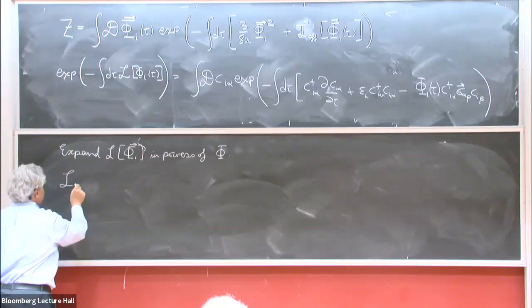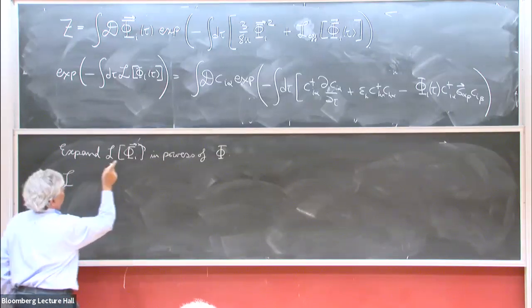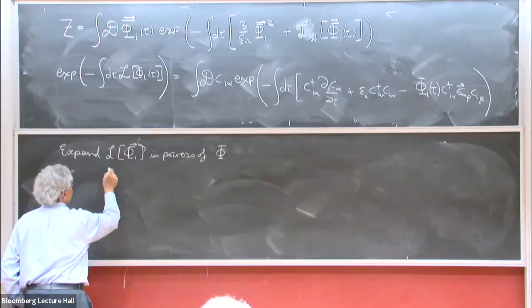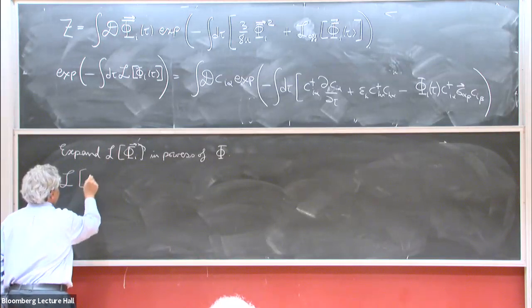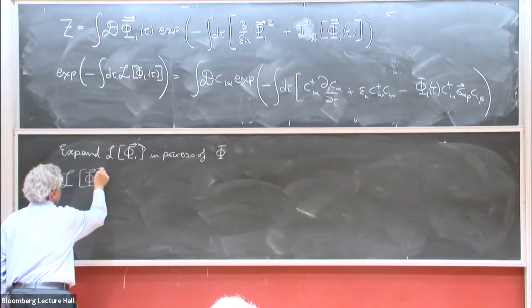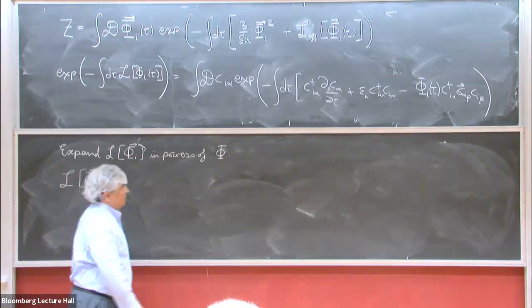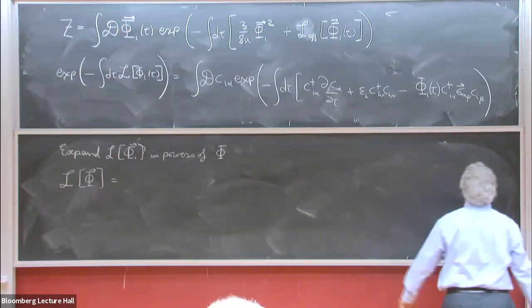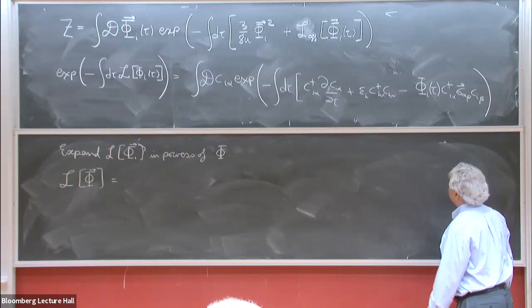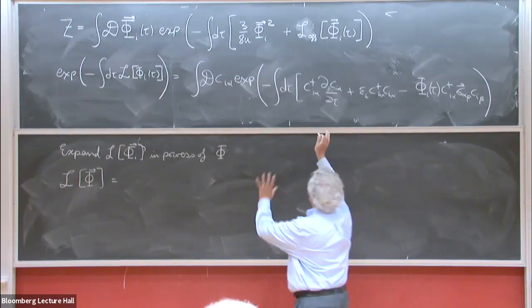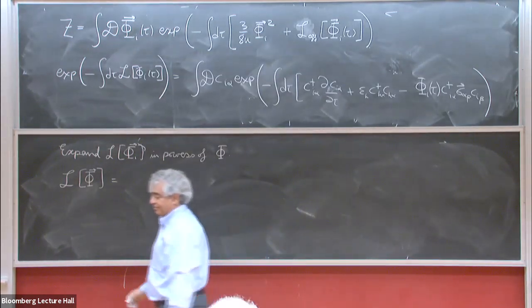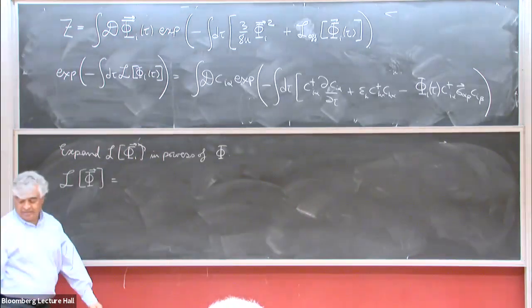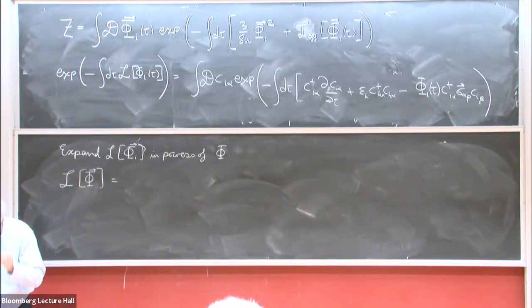Okay, L of phi: what is it going to be? First of all, there won't be any linear terms because of spin rotation invariance. It's a vector in spin space, and the rest of the path integral is invariant under spin rotation, so there's no linear term. So the first term will be quadratic.